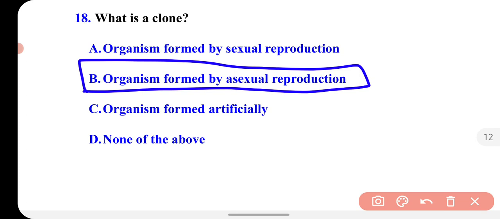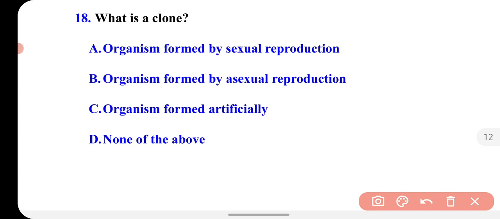The organisms formed in asexual reproduction are exactly identical to their parent. That's why they are called clones. It doesn't occur in sexual reproduction, because sexual reproduction brings variation in the offspring. So the clones are the organisms formed by asexual reproduction. So this is the correct option.